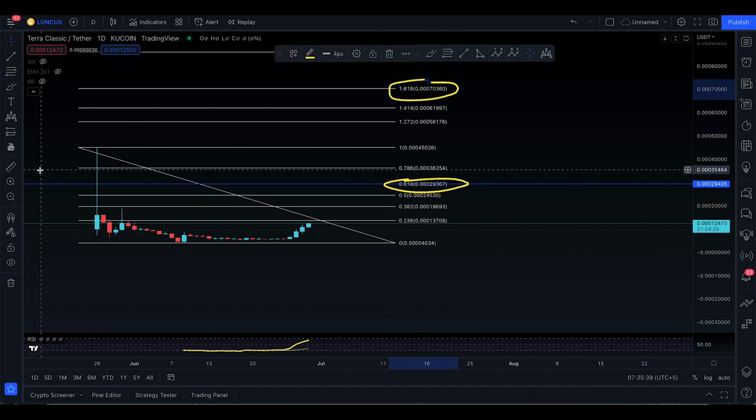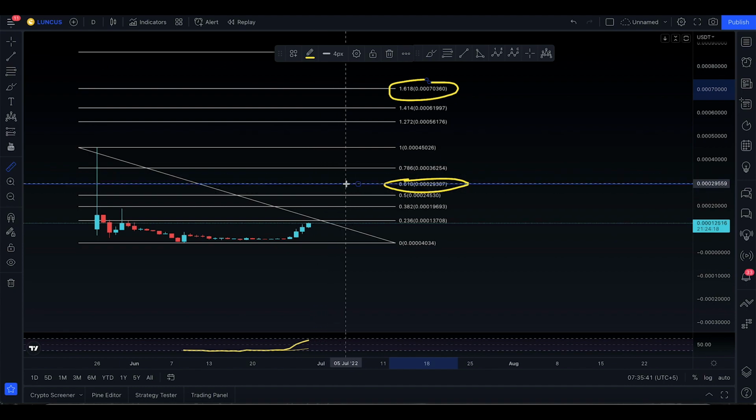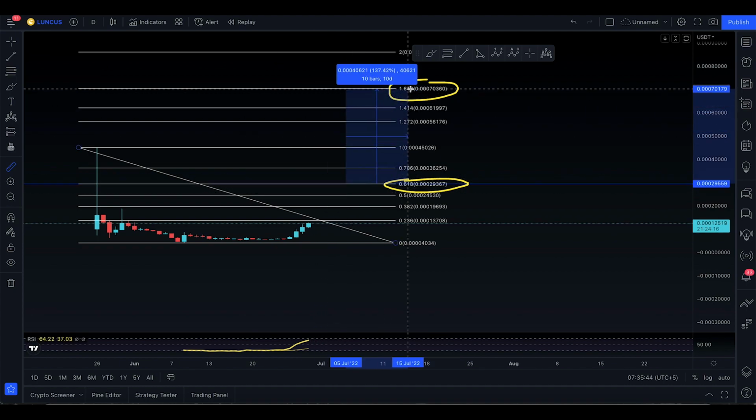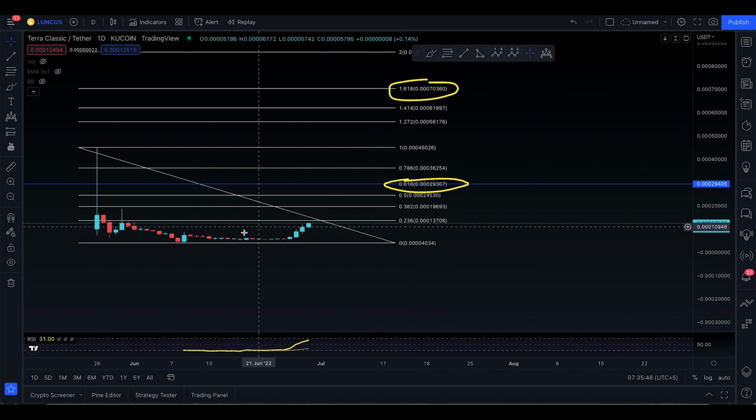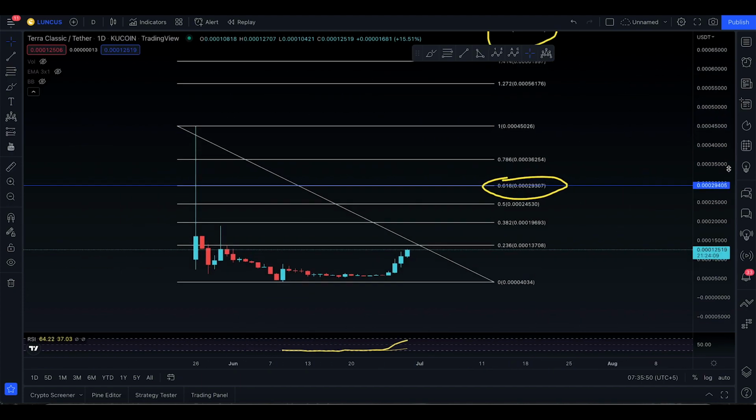And that would be amazing. Like if it does come up here, break this level and hold the level, then I'm looking for a 137% pump to the upside. And why not? You can actually do that. I wouldn't be surprised if you do this.